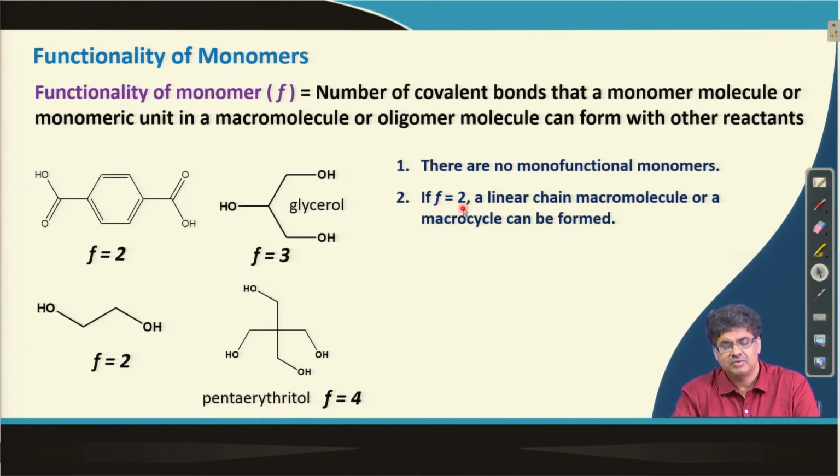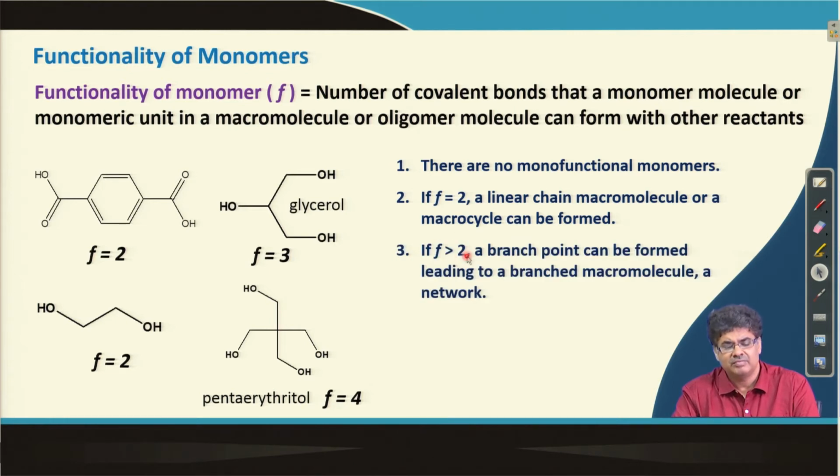If F is 2, then we get a linear chain macromolecule, or in some cases a macrocycle by reacting the 2 ends of a long polymer chain. And if F is greater than 2, that means we have at least 3 or 4 or even more functional groups in a monomer, then it can lead to branching in the macromolecule, and in some cases it can go up to forming a network and gel.